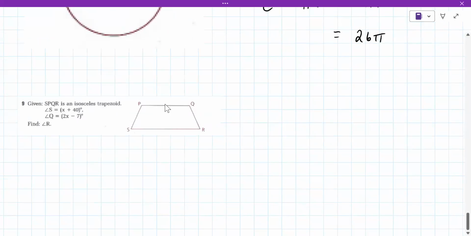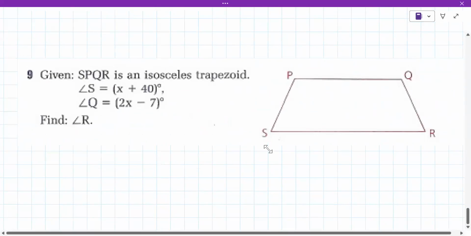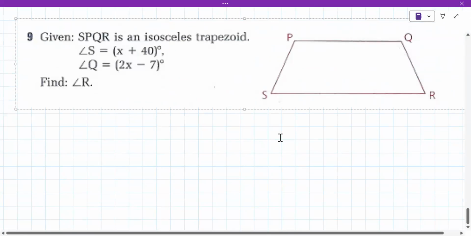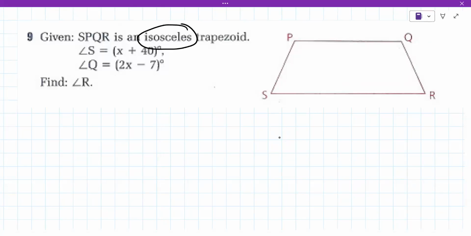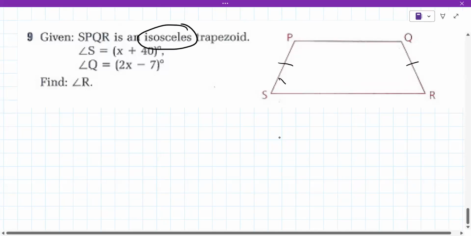Okay, number 9. Given SPQR is an isosceles trapezoid, do you remember what that means about the trapezoid? That might be useful. I think it just means the two non-parallel sides are congruent. Yeah, it also means that the base angles are congruent.